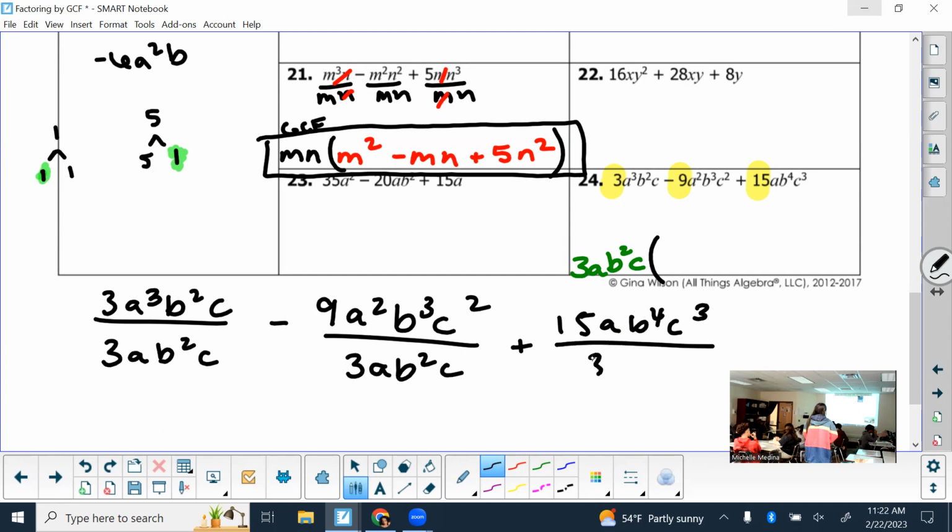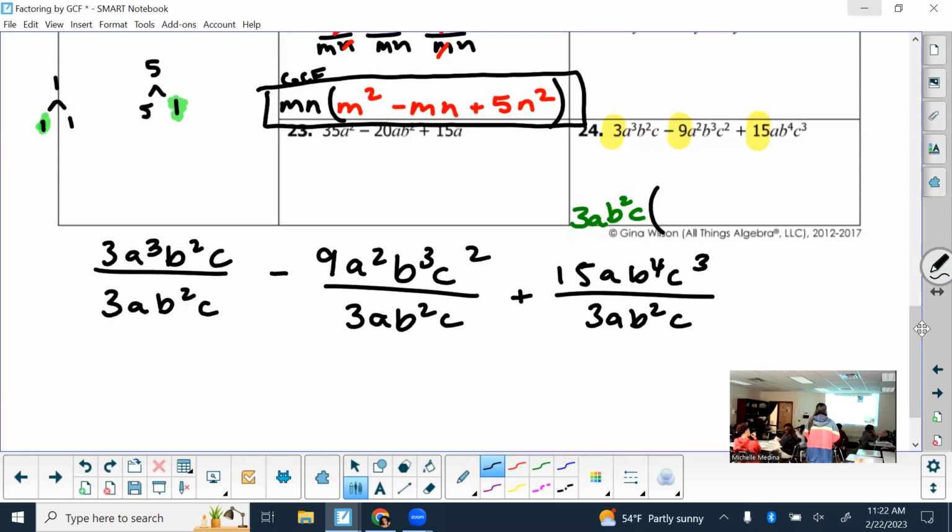Everyone see how the denominator of each problem I wrote here is the GCF. Whatever we get from that, we're going to put in the parentheses. So again, if you have the same thing on top and bottom, it cancels, so the 3's cancel. The B squareds in this one cancel, and so do the C's, because they're the same exponent.